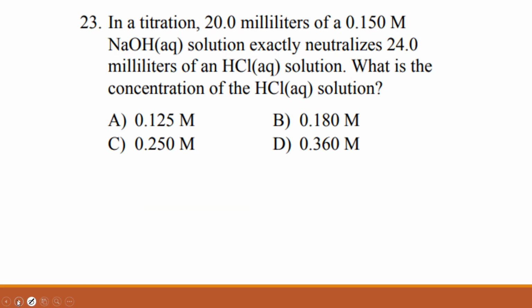Moving forward. In a titration, 20 milliliters of a 0.15 molar NaOH solution exactly neutralizes 24 milliliters of an HCl solution. What's the concentration of the HCl solution? So again, they're telling you it is a titration, so you know right off the bat, MAVA equals MBVB, which means you can start plugging in your pieces.